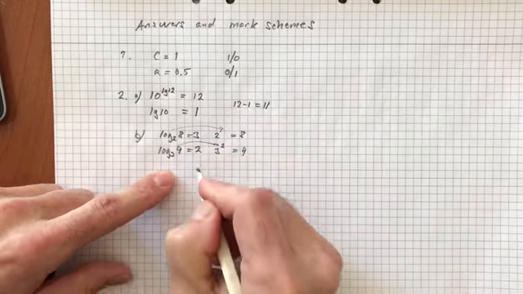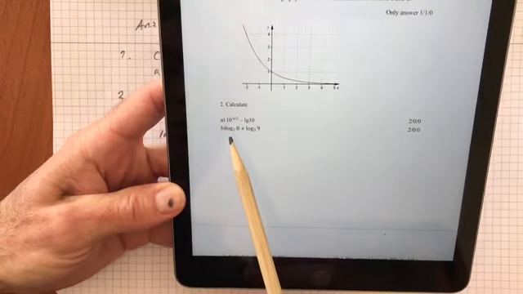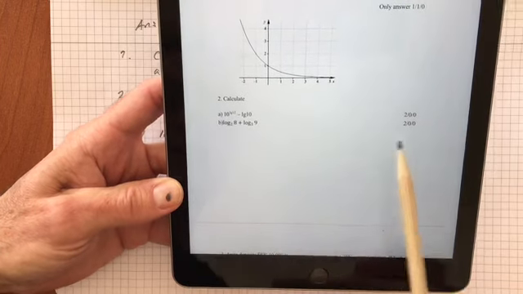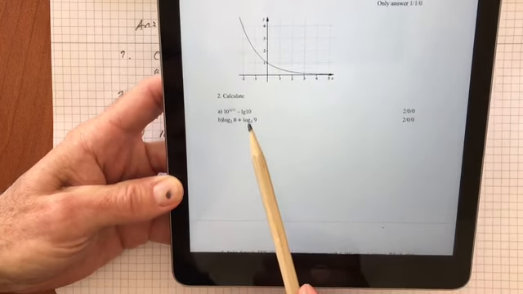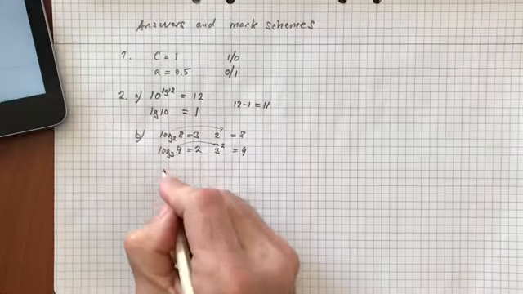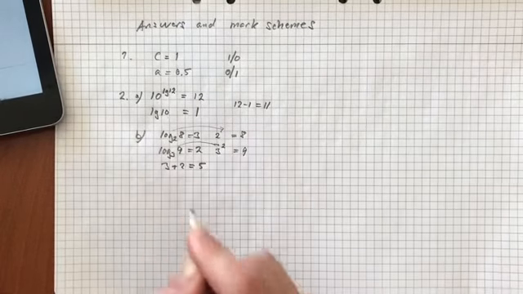Therefore, this number is 2. And you were supposed to add them. If you find out what this is, you get 1 point. And if you got both right and add them correctly, in this case it will be 3 plus 2, and that is 5.